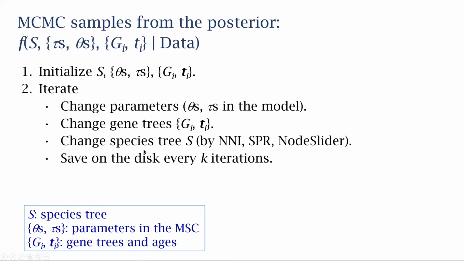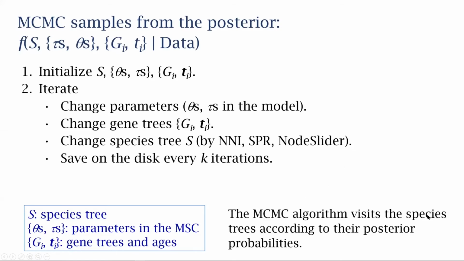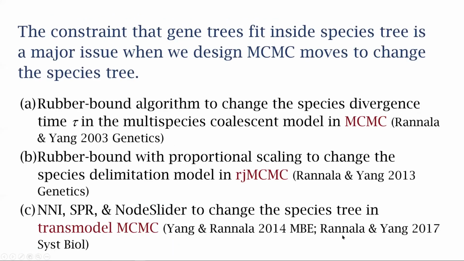You can also have a move to change the species tree, and then just save once in a while. So the idea is that the frequency by which you visit the different species trees will be the posterior probabilities.